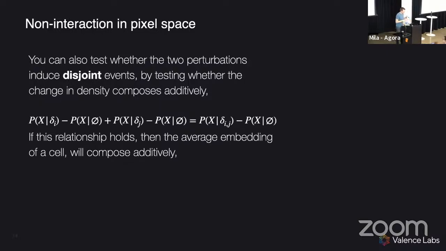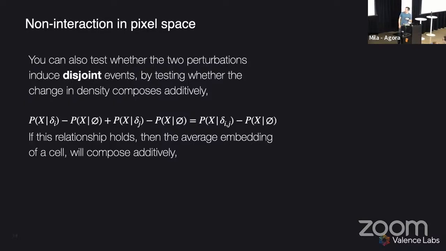I'm not going to go through the details, but this is very analogous to what we saw on the previous slide. Whereas in the previous slide we were talking about whether log densities composed additively, here we're talking about whether densities themselves compose additively.